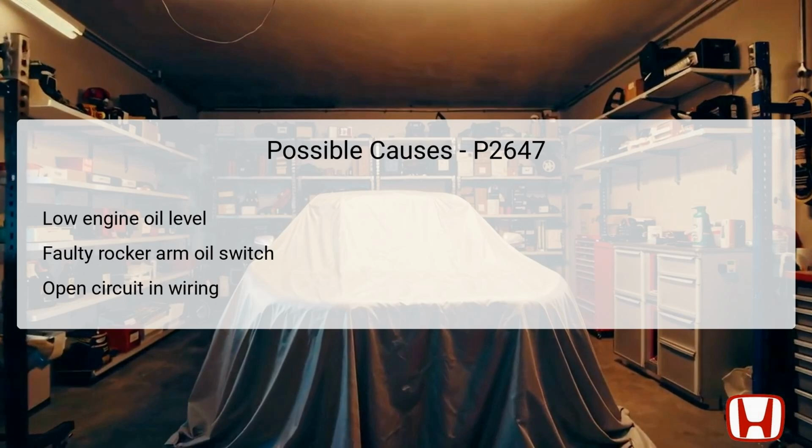This could be due to internal failure or external damage to the component. Lastly, an open circuit in the wiring between the rocker arm oil pressure switch and the PCM can lead to irregular voltage readings, thus activating the DTC. Each of these causes must be examined thoroughly to ensure proper diagnosis and subsequent repair.